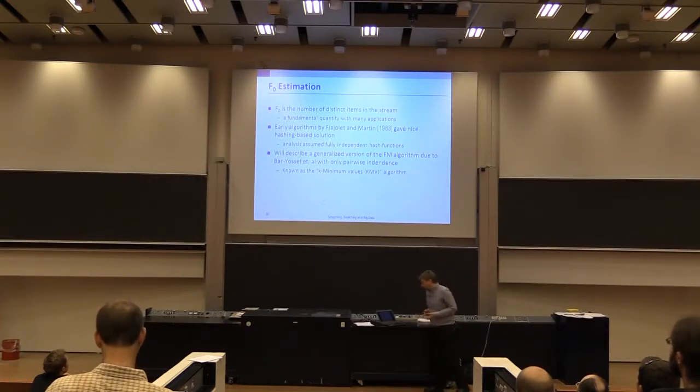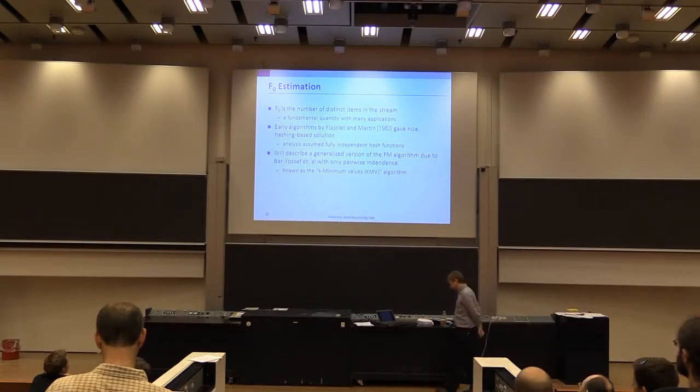That analysis was done with the assumption of fully independent hash functions. So what I'm going to do here is look at the same underlying algorithm and analyse it using the tools that we have to estimate the number of distinct values under limited independence.